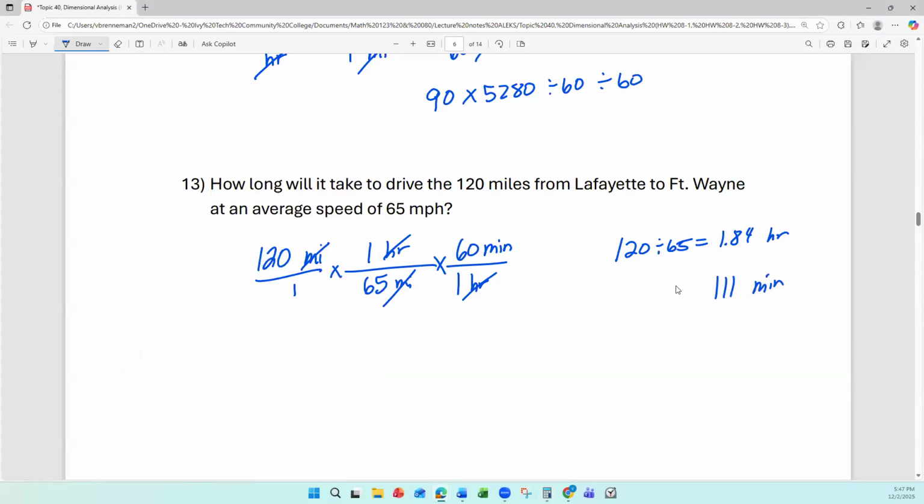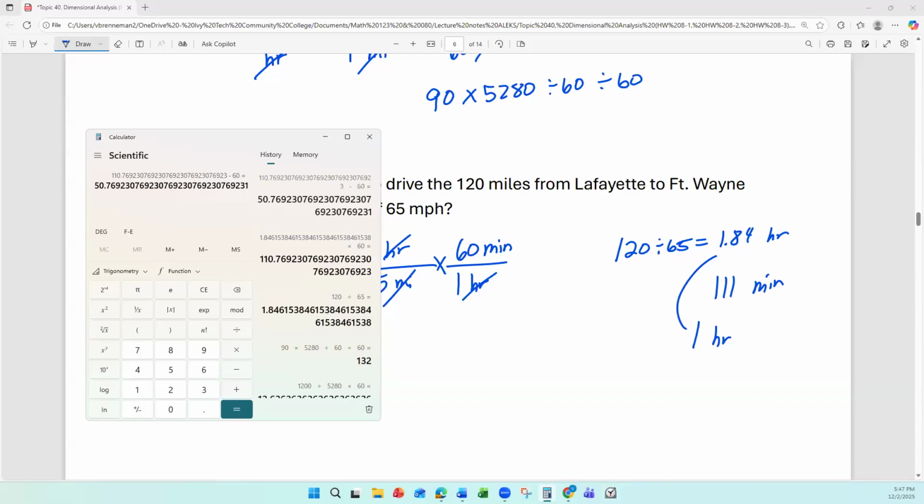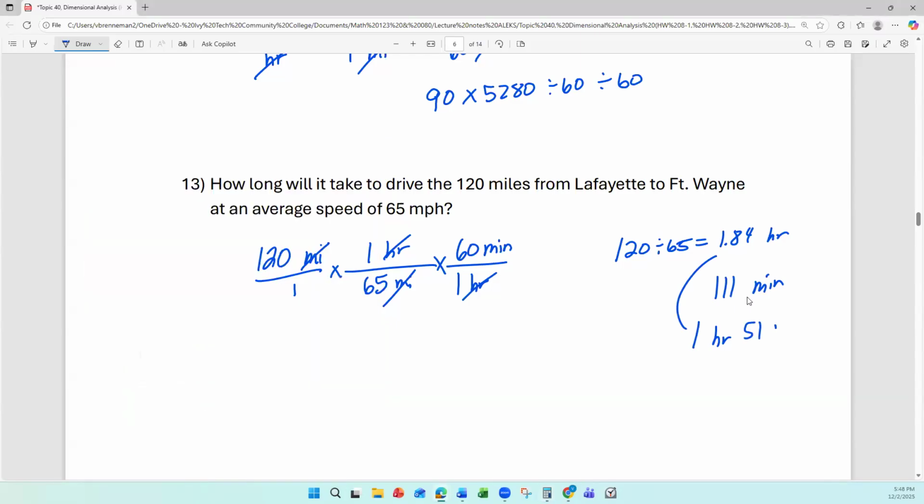Maybe I want somewhere in between. So it's going to be 1 hour, and let's say the 111, if I take off 1 hour, which is 60 minutes, that leaves 51 minutes. So just whichever units you were instructed to, or if you're doing something like this outside of class, you would decide how you want to express that result.